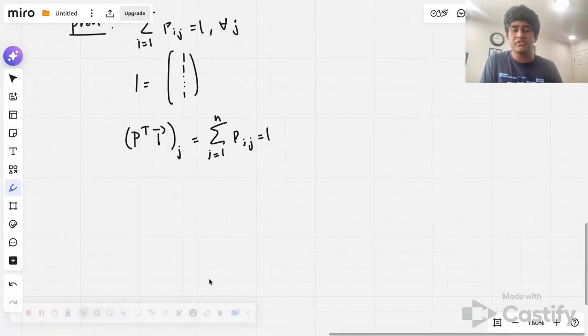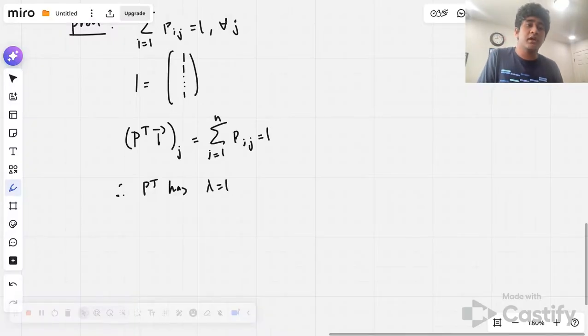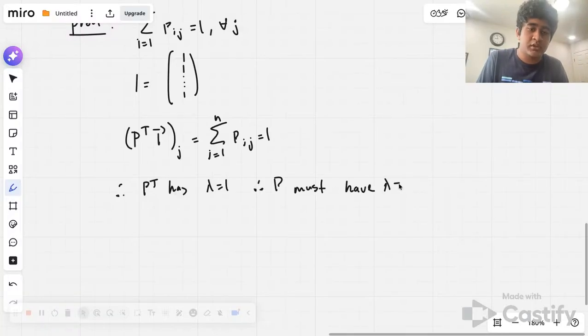And this means that 1 is an eigenvalue of P transpose. But we know that a square matrix and its transpose have the same eigenvalues, right? So hence we know that P must have lambda equals 1.